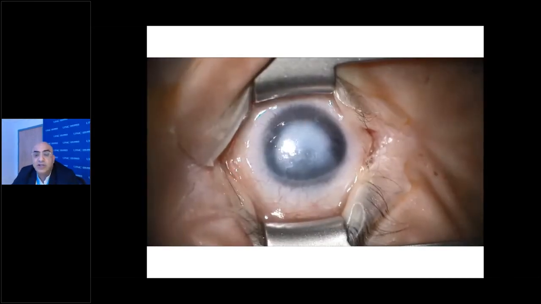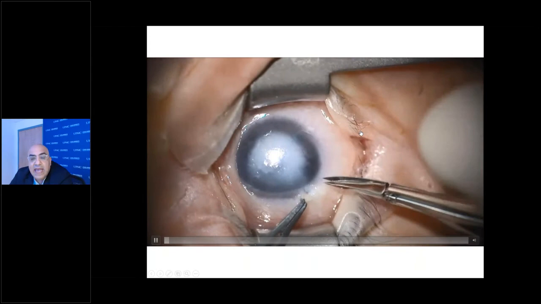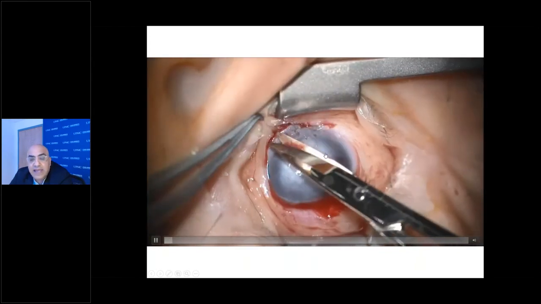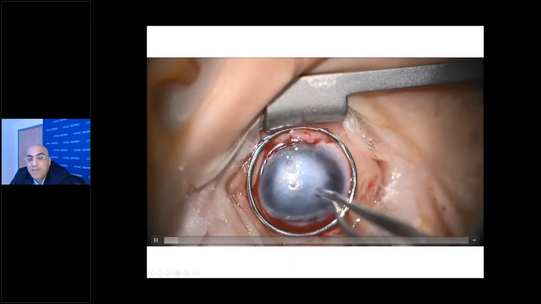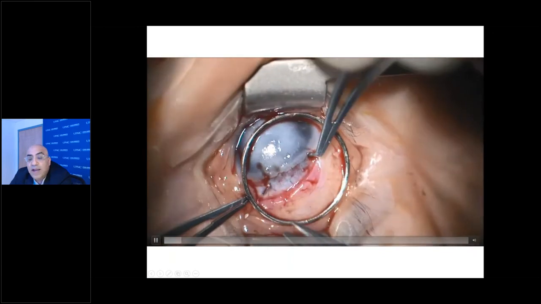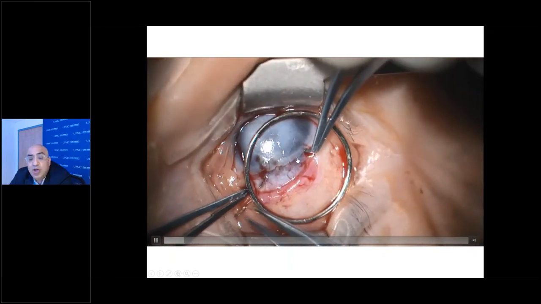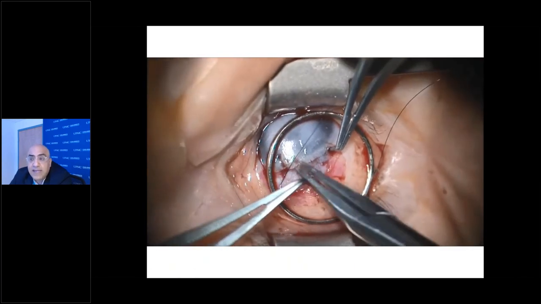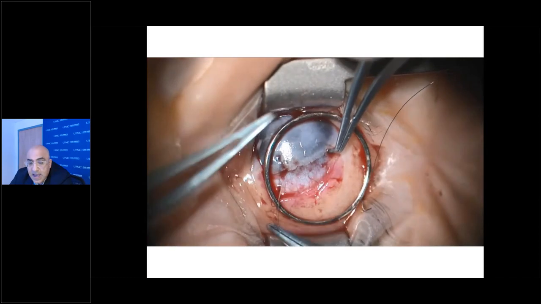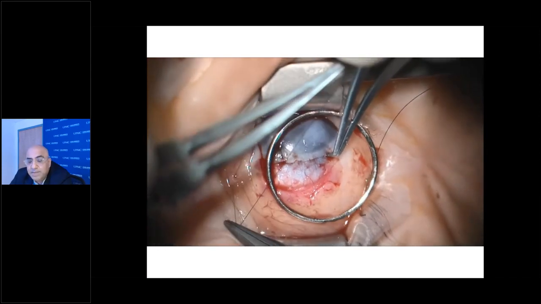So what if the opacity is so big that you cannot reasonably do an iridectomy? Here is one such case. And here, the opacity is pretty large, and you only have about 1 millimeter worth of clear cornea. And what I'm showing you here briefly is the difference between operating in infants and operating in adults.